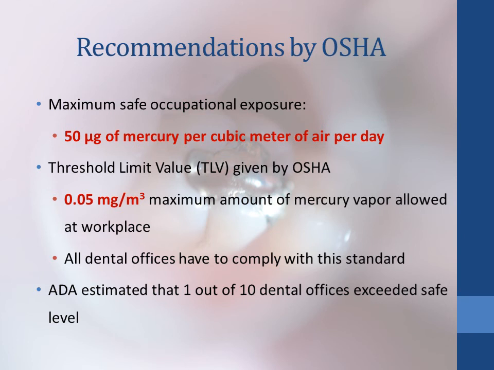So it's 50 micrograms, and the threshold level is 0.05 micrograms per cubic meter, the maximum amount of mercury vapor allowed at a workplace. All dental offices should comply with this standard, with gauges or proper monitoring so that this amount is not exceeded. It has been estimated that 1 out of 10 dental offices exceeded the safe limit.